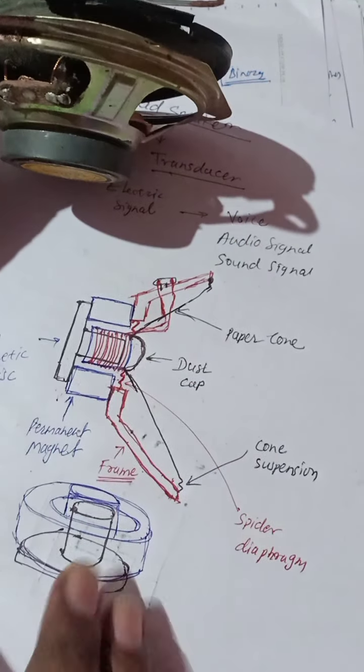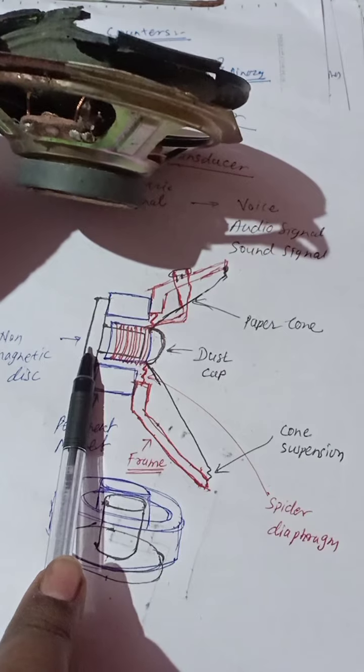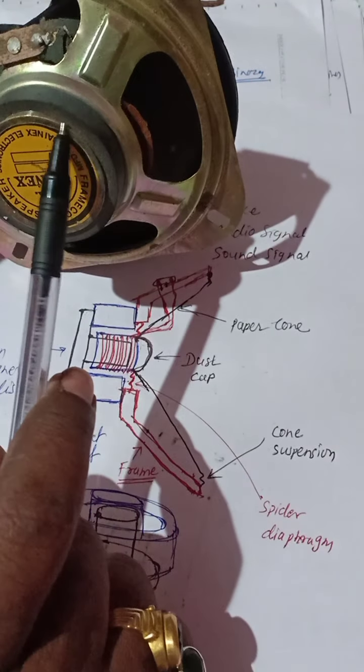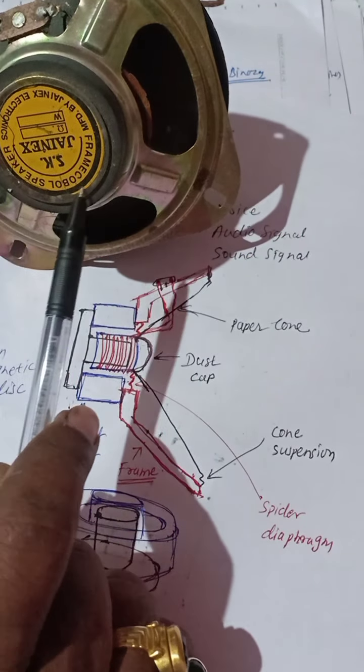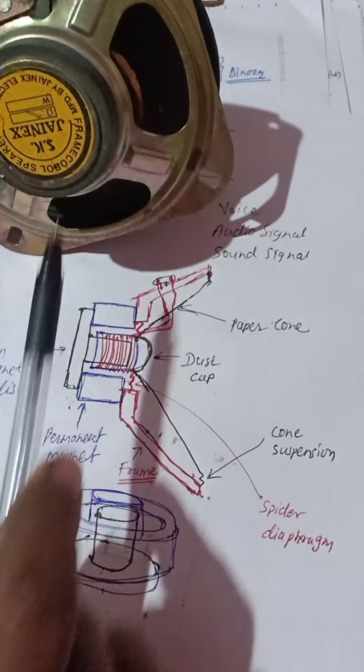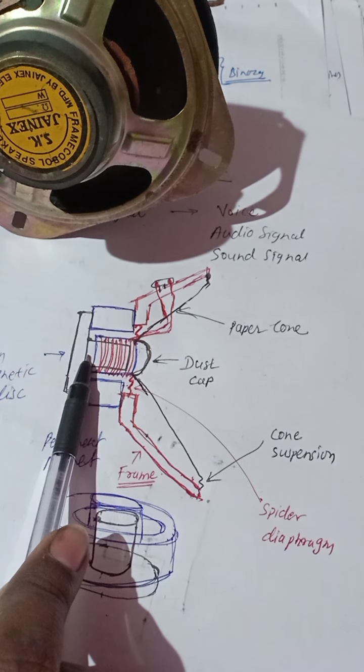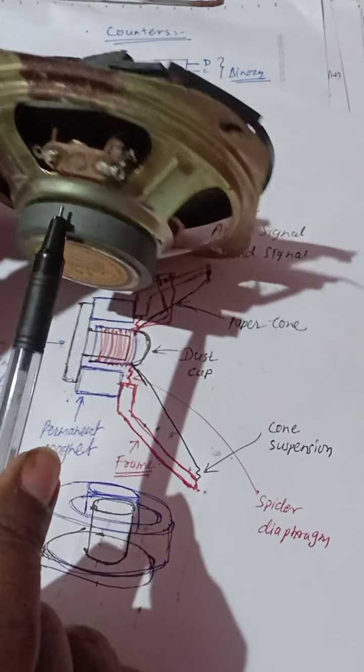Then, starting from this time, this is a non-magnetic disc, an aluminum type disc, and there is an aluminum rod. This black one is a magnet. If you see here, it attracts.